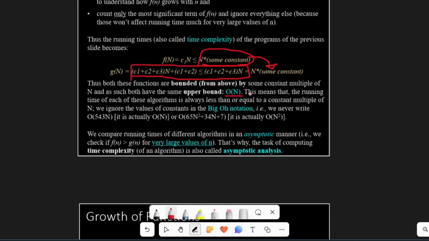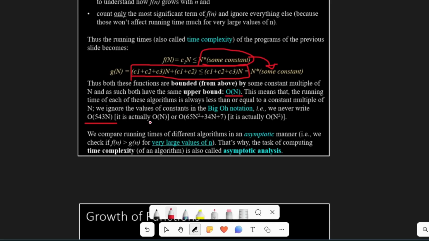This is the notation we use to express time complexity. This means that the running time of each of these algorithms is always less than or equal to a constant multiple of n. We ignore the value of the constant in the big O notation. We never write order of 543n.